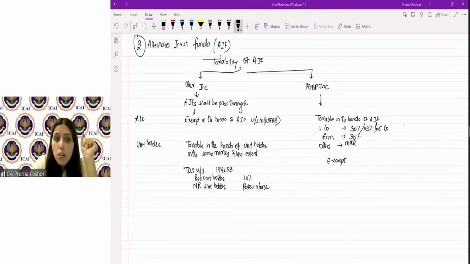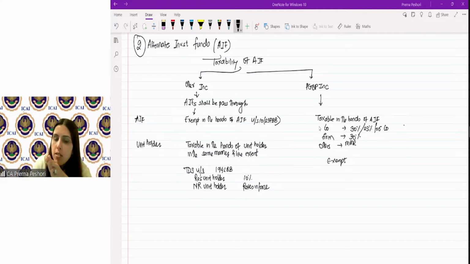Now, what if there is a loss under the AIF? So in that particular case, if there is loss under the head PGBP, which is incurred by the investment fund, since the income is taxable in the hands of the fund and not in the hands of the unit holder, the loss is to be carried forward and set off at the fund level.